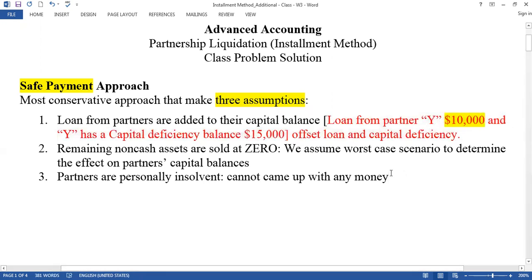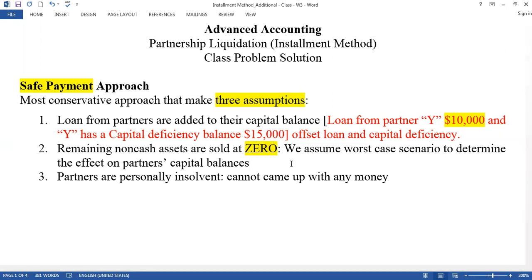Then another assumption is that the remaining non-cash assets are sold at zero. If we have any remaining non-cash asset, we assume that we are going to sell it and receive only a zero amount from the market.